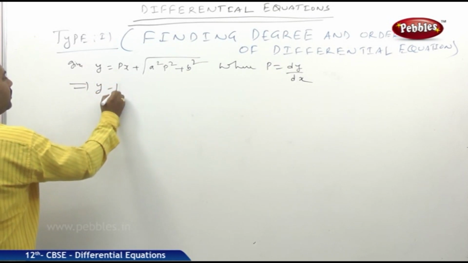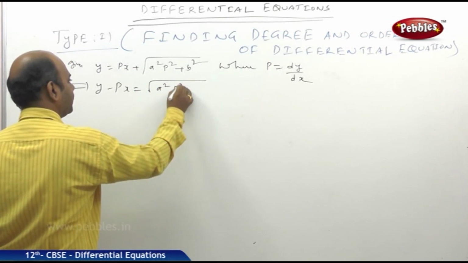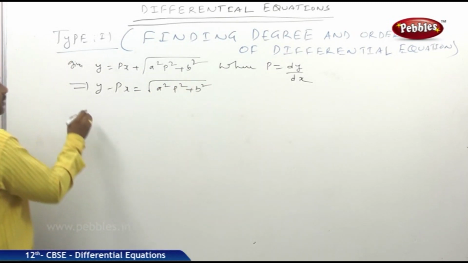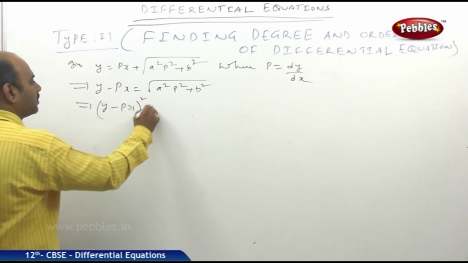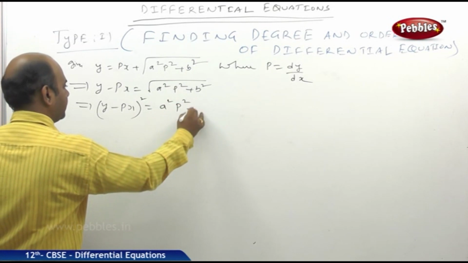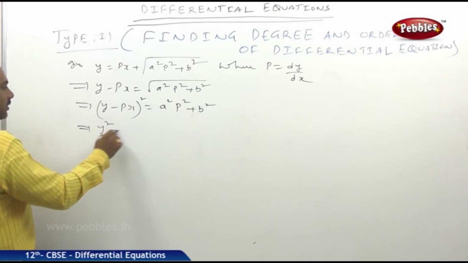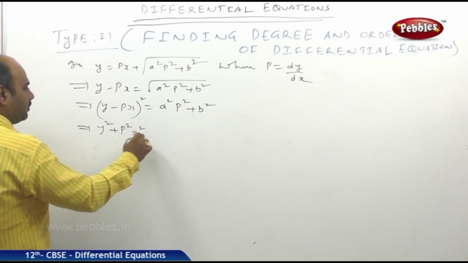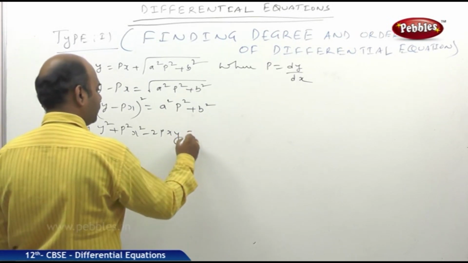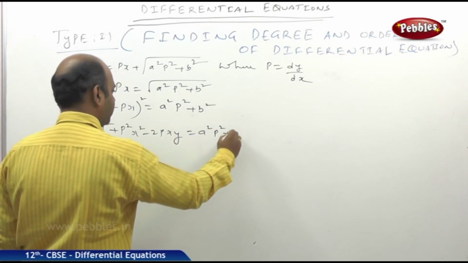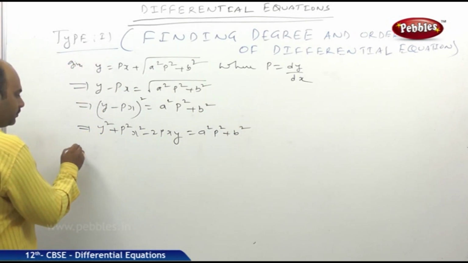So here y minus px is equal to under root of a square p square plus b square. Squaring on both sides, y minus px whole square is equal to a square p square plus b square. So y square plus p square x square minus 2pxy is equal to a square p square plus b square.